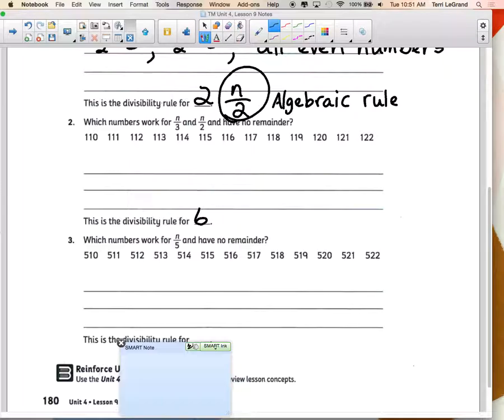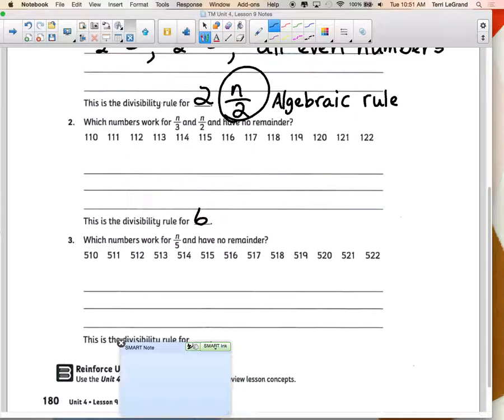Can we eliminate some of those numbers that we know right away cannot pass both tests? Are there any of those numbers we can get out of there right away because they're not going to pass both parts of the rule? They can't both be divisible by 2 and by 3. We already know they're going to fail one of those tests.